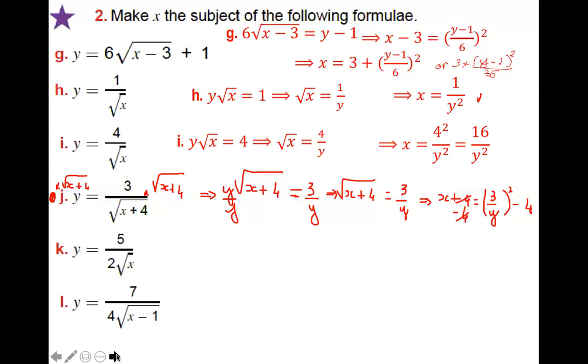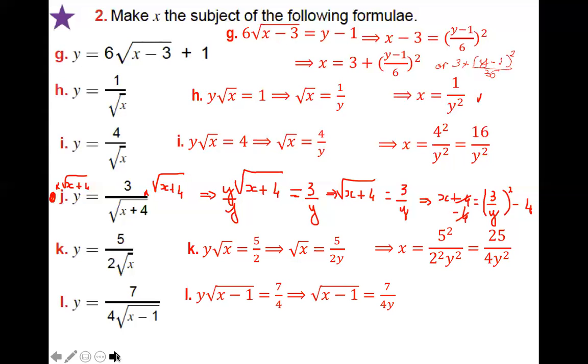Then for k, it's 2 root x this time. So again, bring in root x at the top, then divide by y, and then square the whole thing. So every term is squared here, 25 divided by 4y squared. Okay.